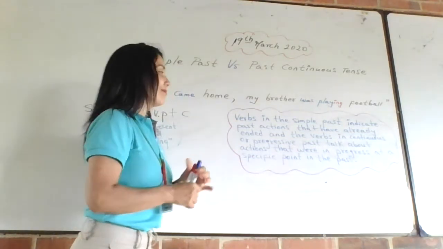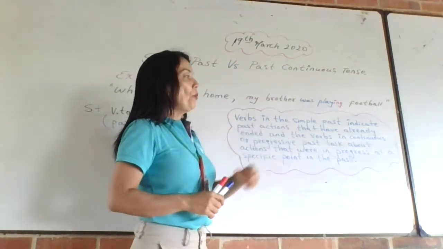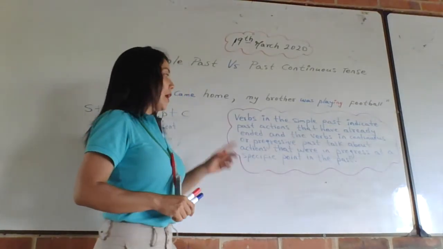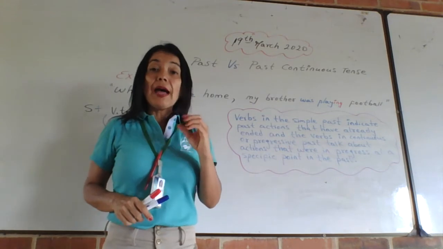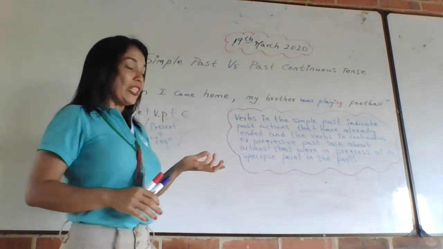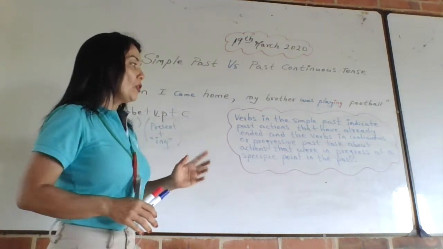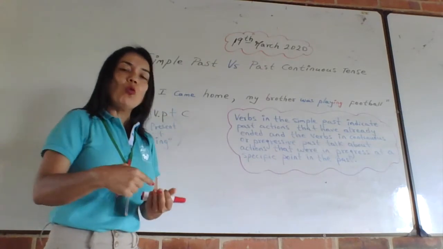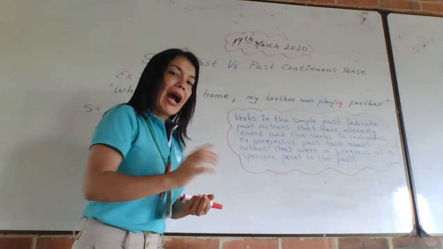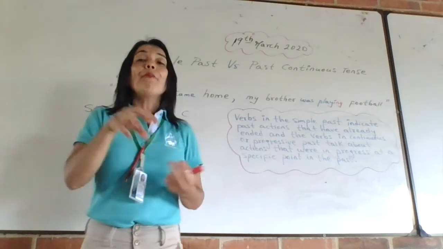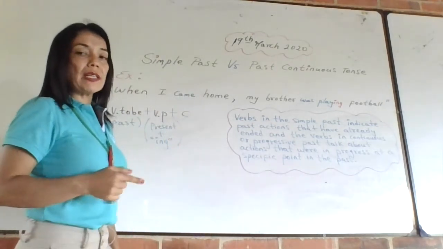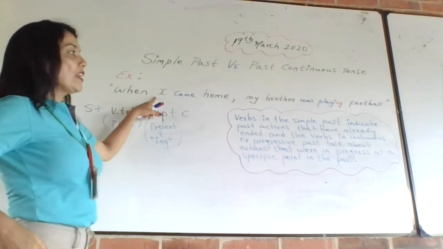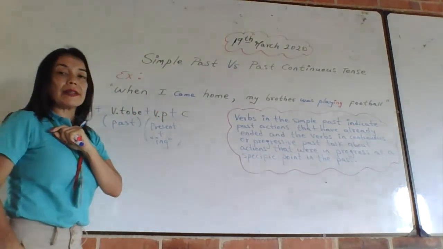From now on, verbs in the simple past indicate past actions that you have already ended, and the verbs in progressive or continuous tense talk about actions that were in progress at a specific point in the past. For example, I'm going to translate the sentence that I used to start the class.